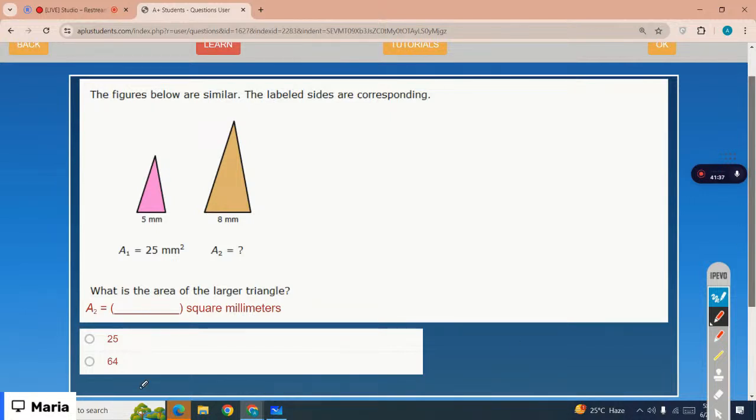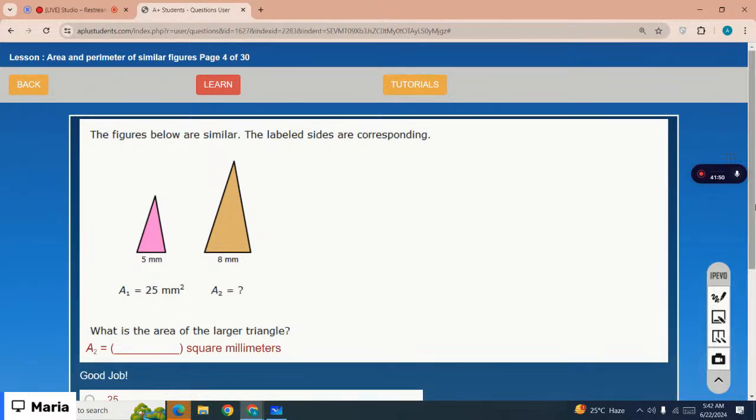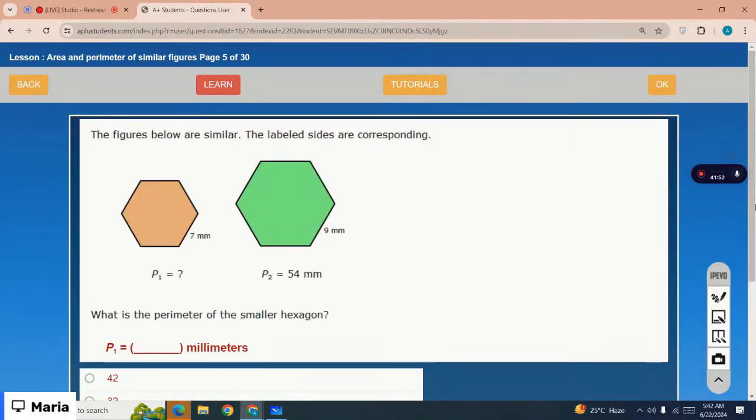Option number two is the correct option. The figures below are similar. The labeled sides are corresponding. What is the perimeter of the smaller pentagon? Yes, 42 it is. Okay, you can complete the lesson by yourself later today.